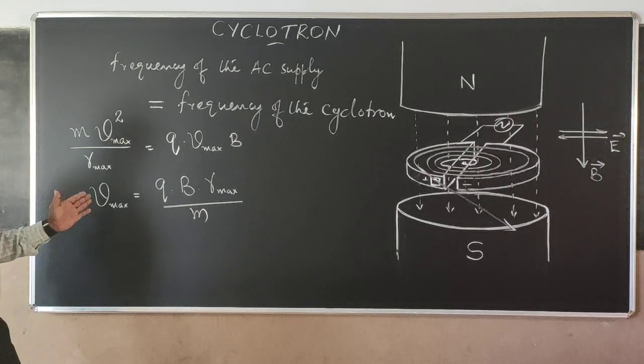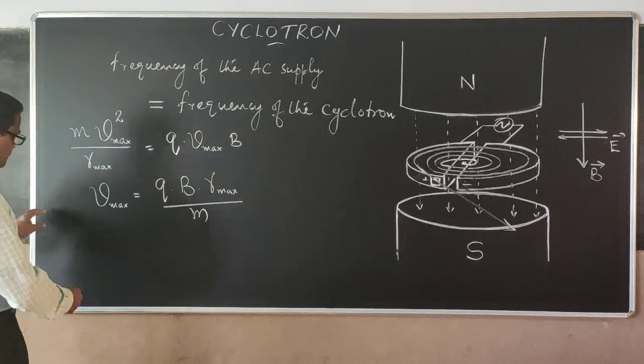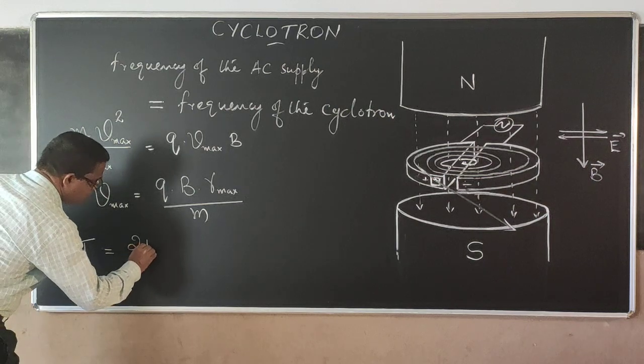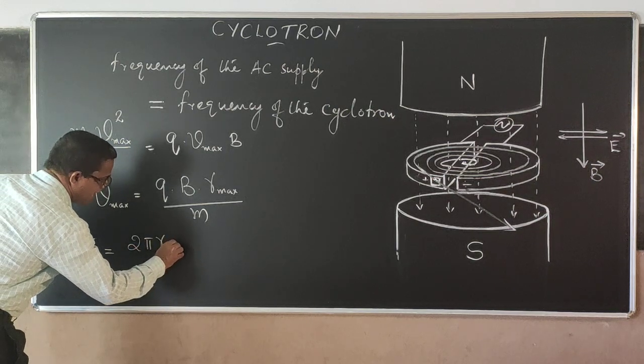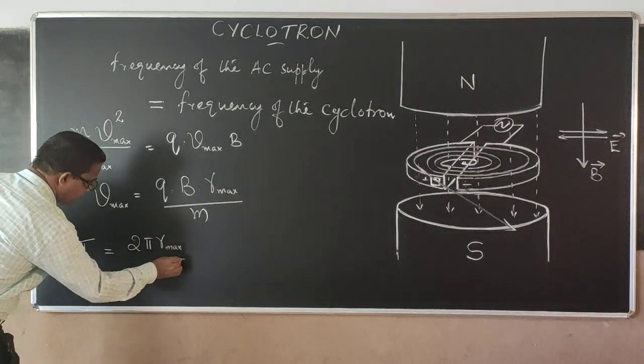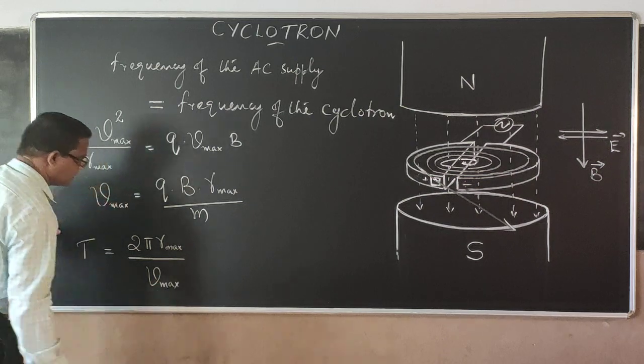Now, what is the time period of motion of the cyclotron particle? Time period T will be equal to 2 pi into R max, that is the maximum distance covered, divided by the speed with which it is covered.